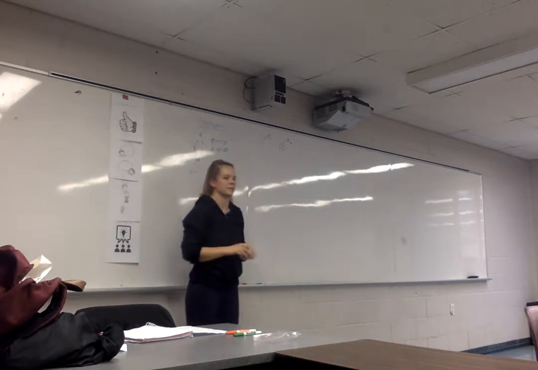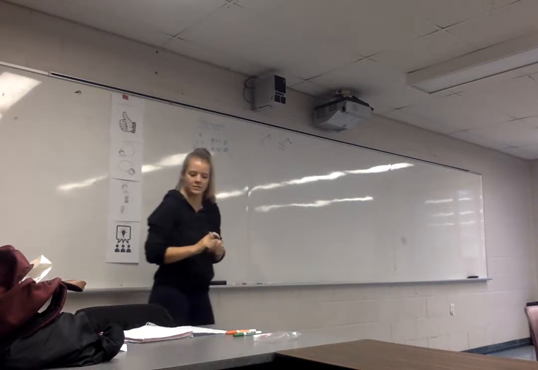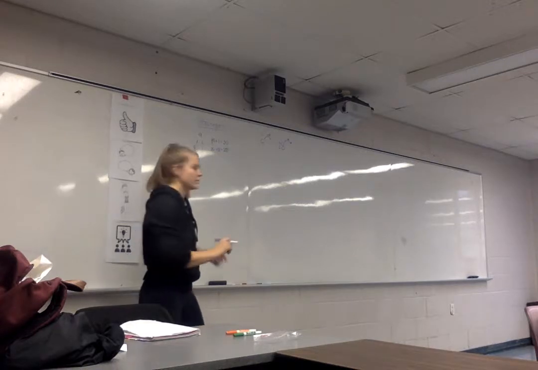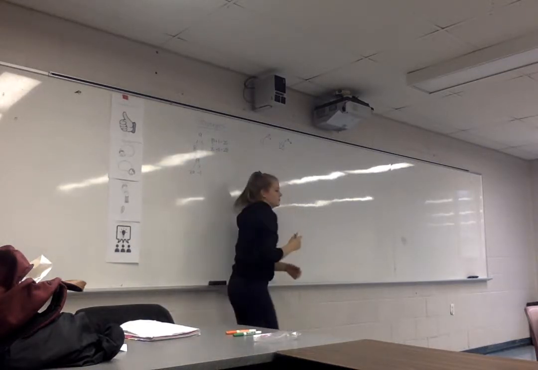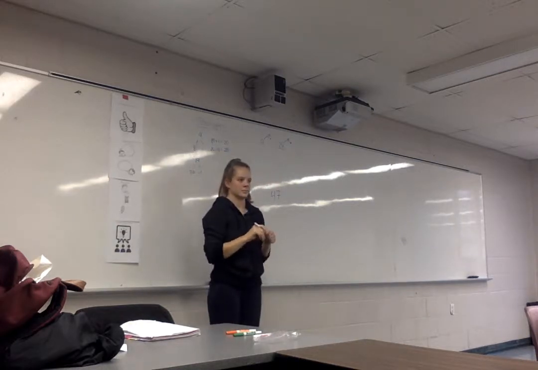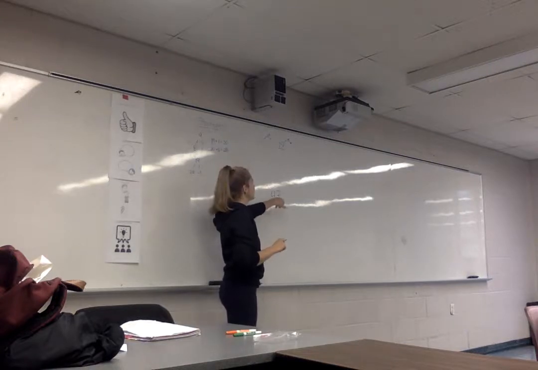Everyone has an answer? Tiffany, what did you give as your answer? 47. Did anybody get a different answer? No? Everyone got 47? So Tiffany, how did you get from 28 to 47?